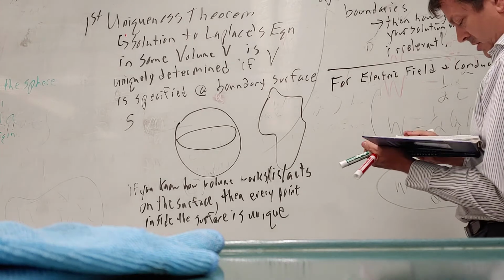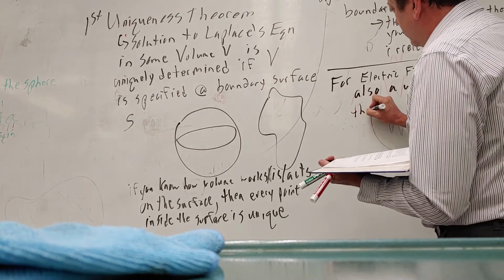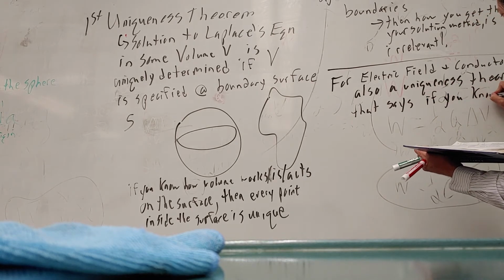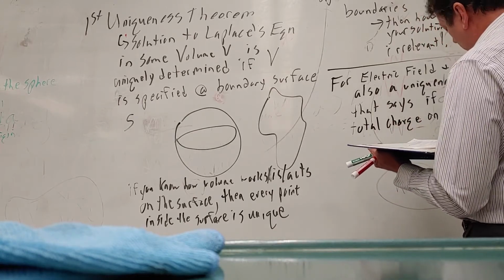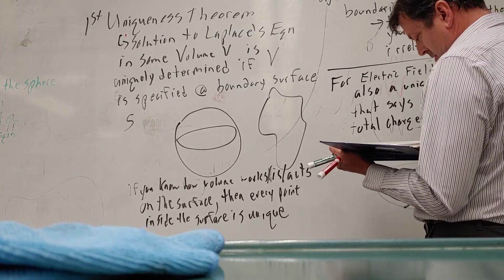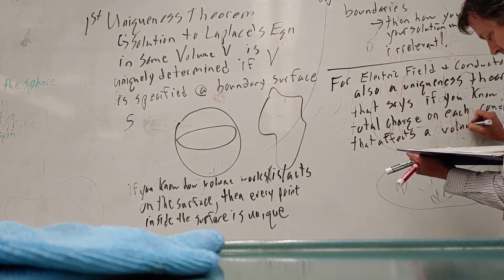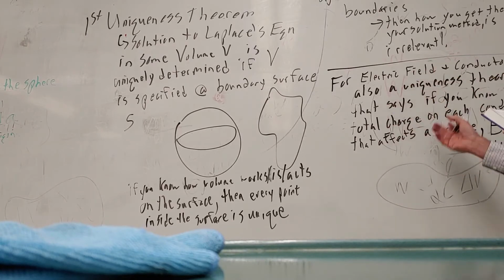For electric field and conductors, there's also a uniqueness theorem that says if you know the total charge on each conductor that affects a volume, the electric field is unique. In other words, you get one answer. It doesn't matter how you get there. You can get there lots of crazy different ways, but there's only one answer.